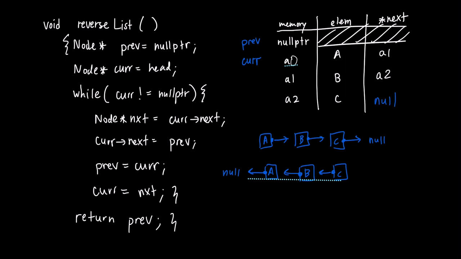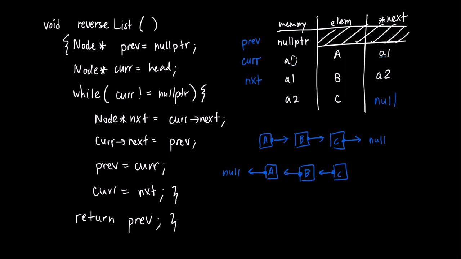Okay, and now we'll enter the loop. While current is not null, and current is not null because it's A0, we will create a next pointer called NXT, which will be the element that current points to. So in this case, it's A1.